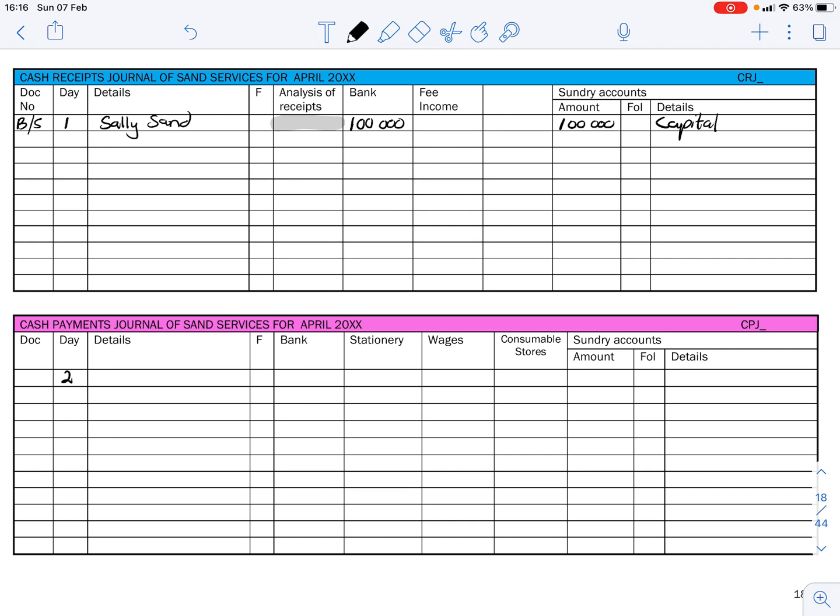On the 2nd, we paid the municipality for water and electricity, as well as a business license of 150 Rand. Now, the document used is a bank statement. Remember, there's no checks. We are paying the municipality.